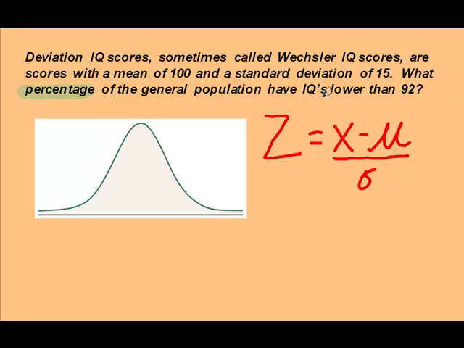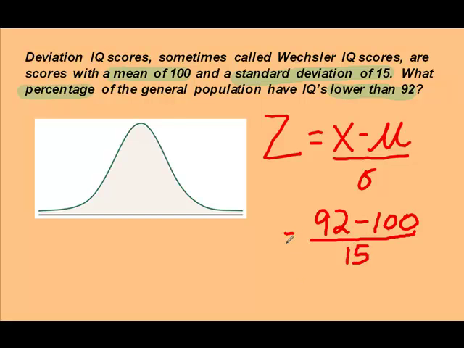X. I'm looking for scores that are lower than 92, so 92 goes in for x. The next thing I need is mu. Mu is the mean of 100. The standard deviation is 15.